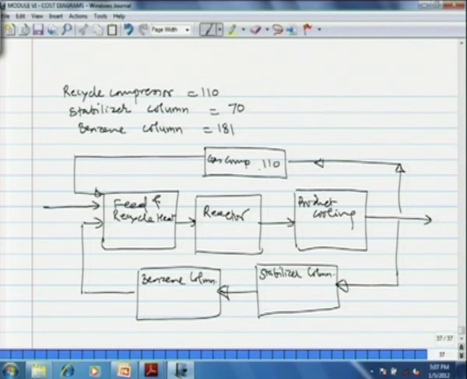Gas compression 110, stabilizer column 70, benzene column 181, feed and recycle heat 297, reactor 200 and product cooling 122. So this gives the lumped cost diagram for energy integrated flow sheet 3, or process alternative 3.